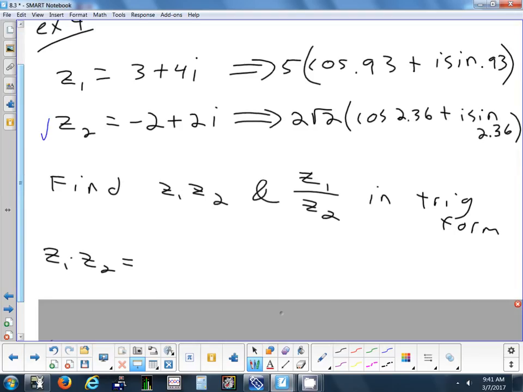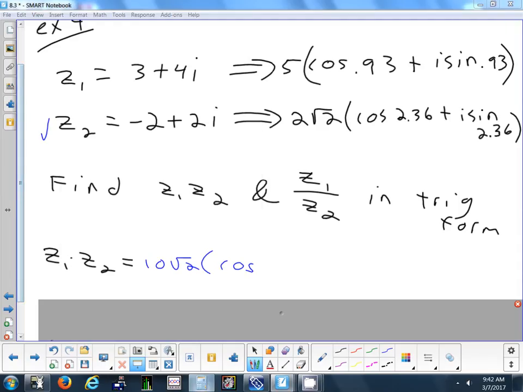If I want to multiply Z1 and Z2, what do I do with my two radii? Multiply them. So what's 5 times 2 square root of 2? 10 square root of 2. And if I'm multiplying, what do I do with my two angles?